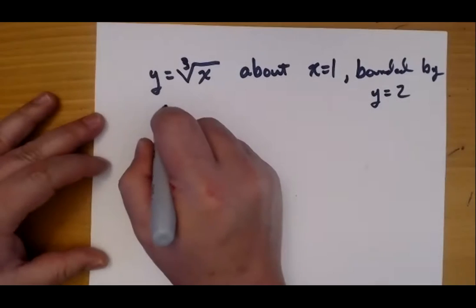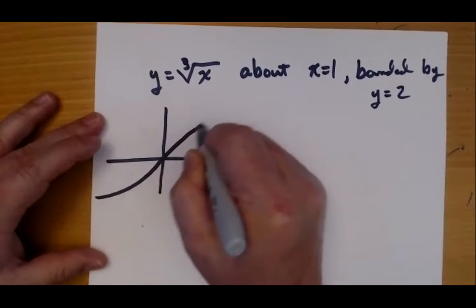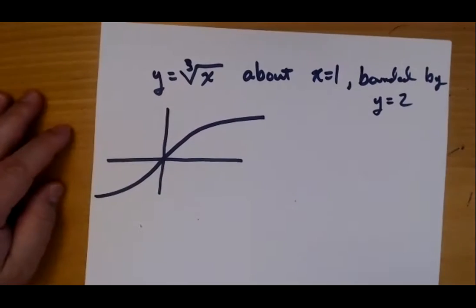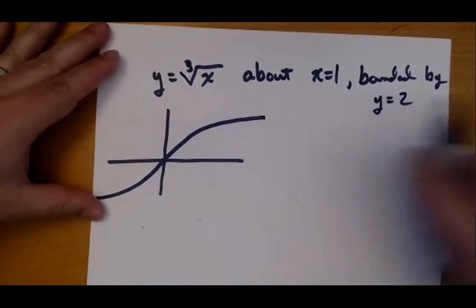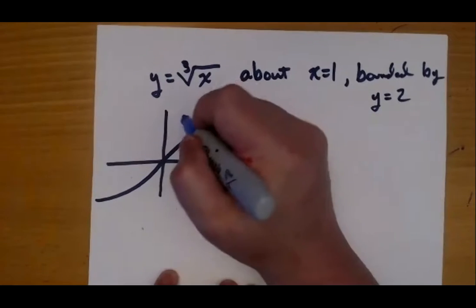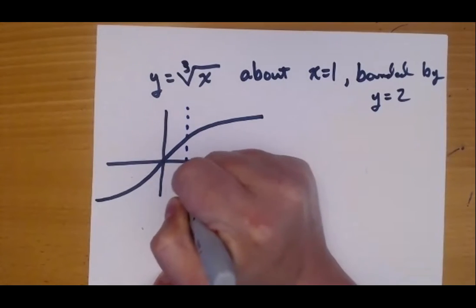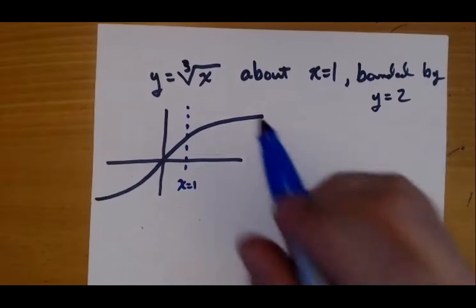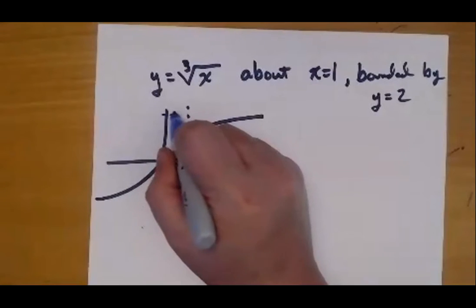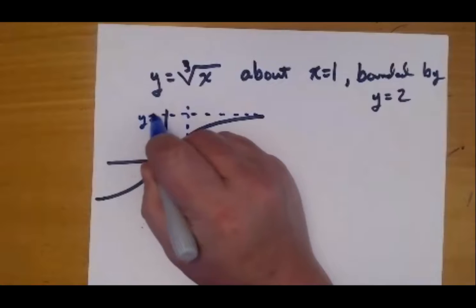So let's start by drawing the functions. We got a cube root. We have x equals 1. Y equals 2.